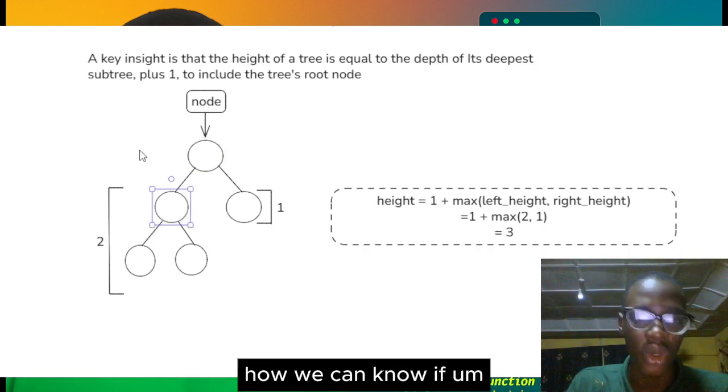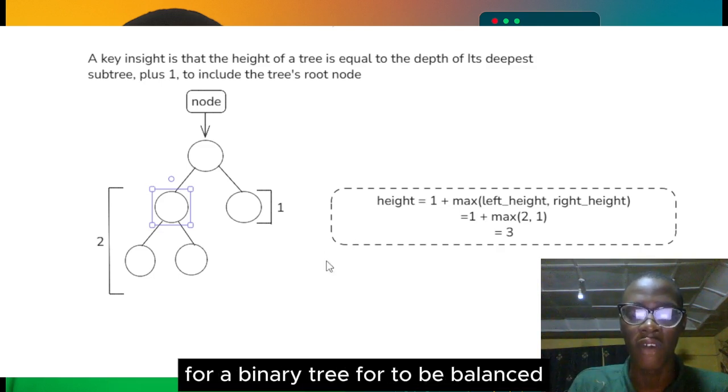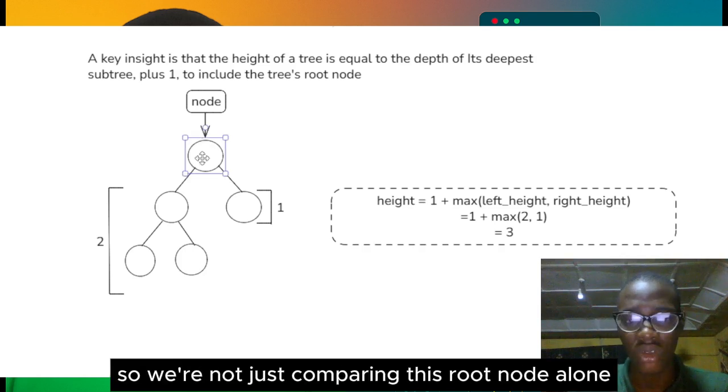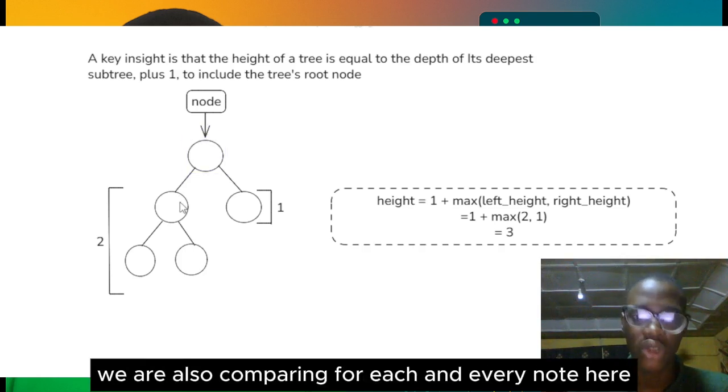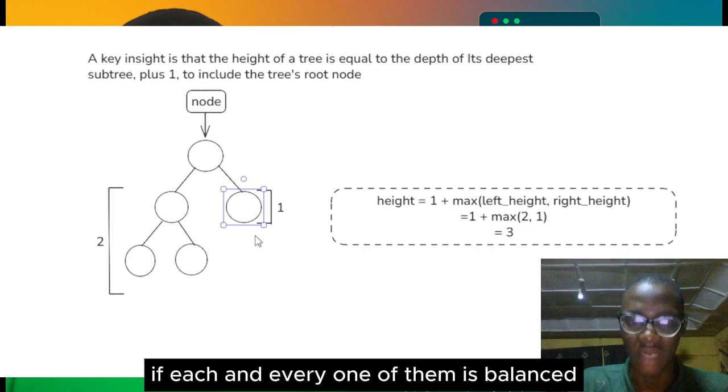Don't forget what I said earlier, that for a binary tree to be balanced, each and every node needs to be balanced. So we're not just comparing this root node alone, we are also comparing each and every node here, checking if each and every one of them is balanced.